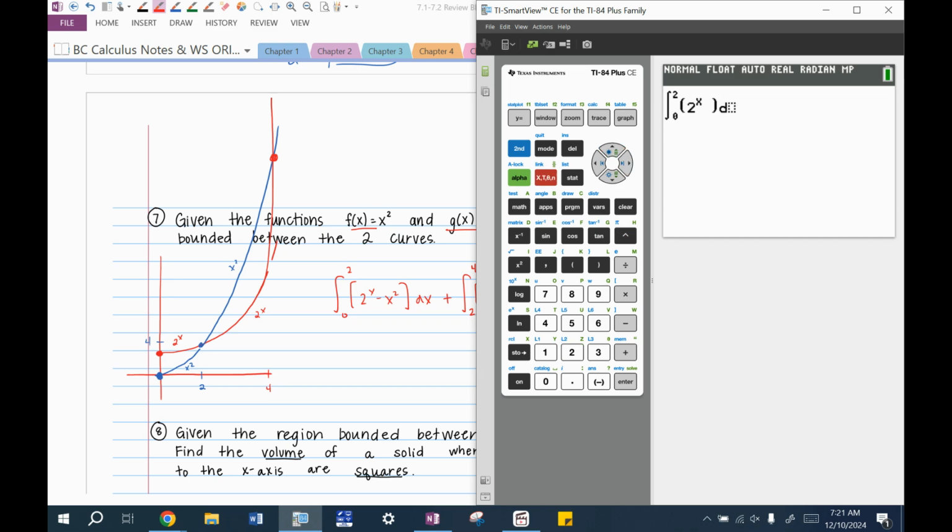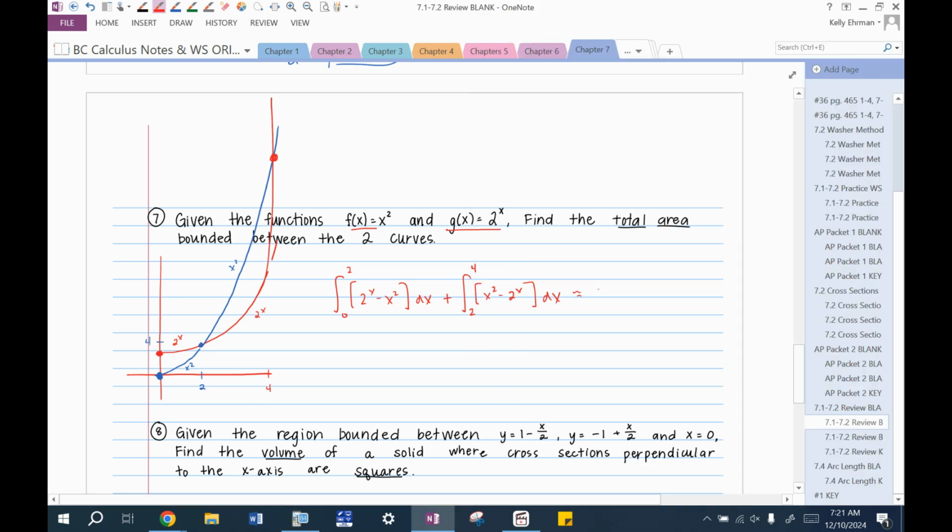So 2 to the x minus x squared, and then add to that the integral from 2 to 4. And this time it's x squared minus 2 to the x. So 3.016 is my approximate answer.